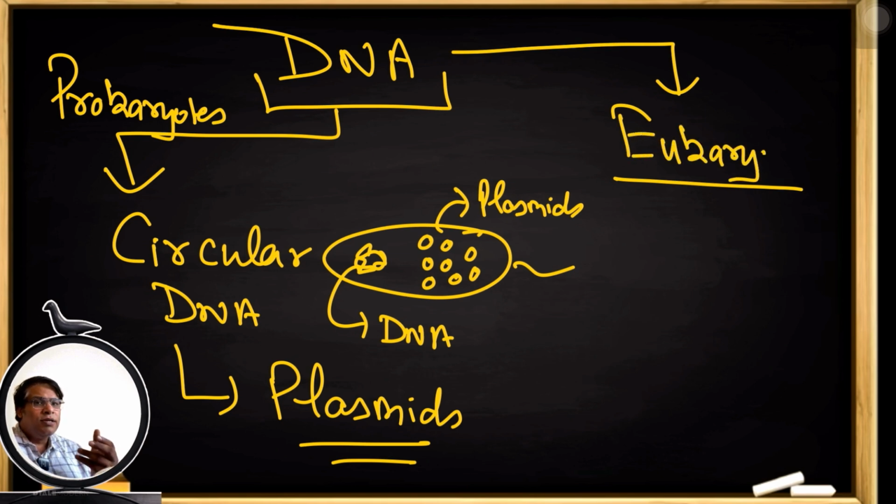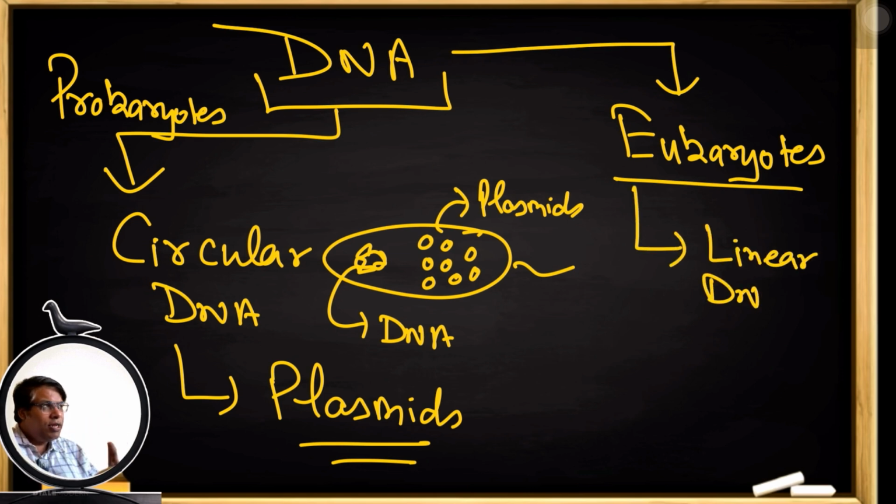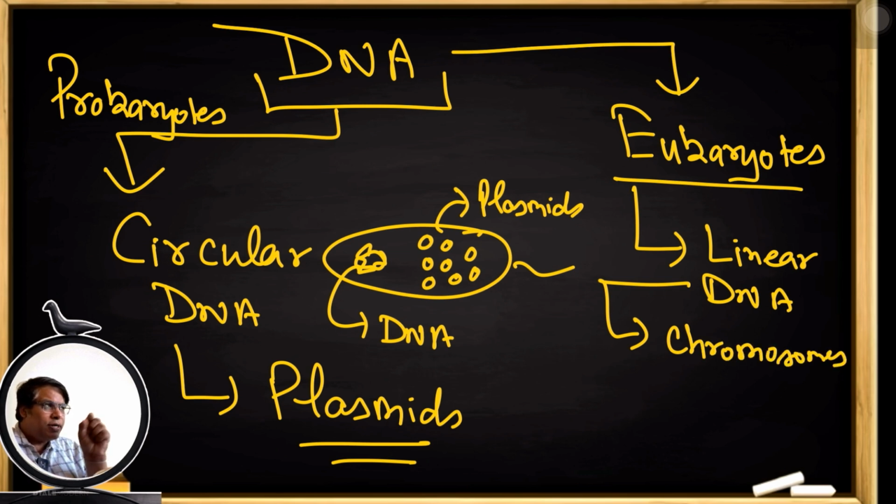But in the case of eukaryotes, you are not going to see generally circular DNA. Here you are going to see linear DNA, and this linear DNA will get compacted, and you are going to see the presence of chromosomes. Yes, we will discuss how this DNA is compacted in eukaryotes. So keep in mind, in eukaryotes, linear DNA gets compacted in the form of chromosomes.